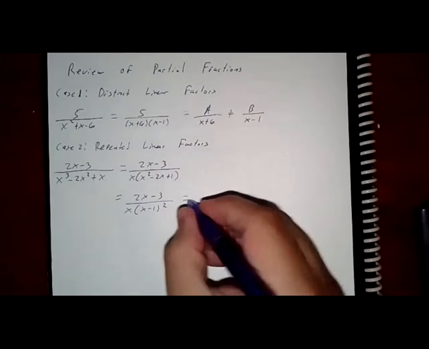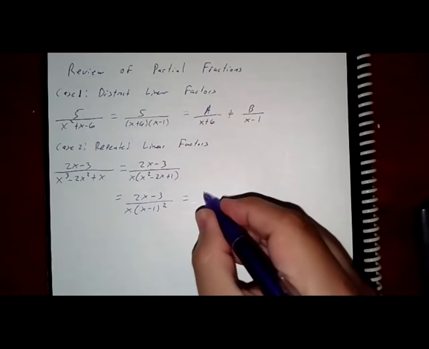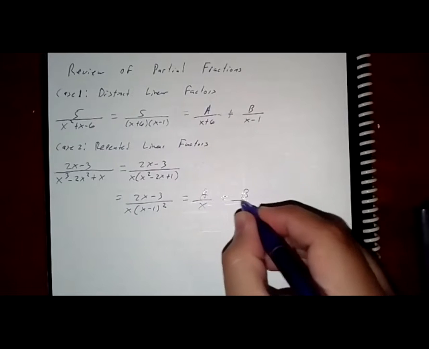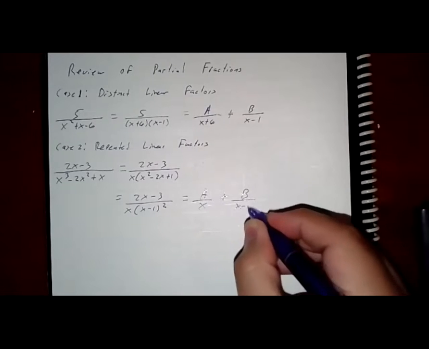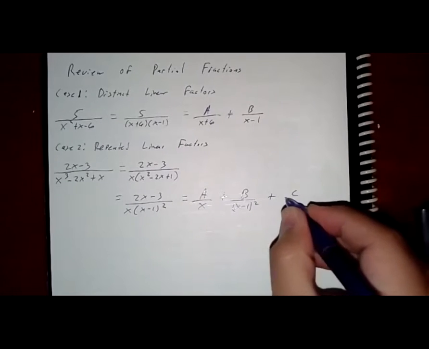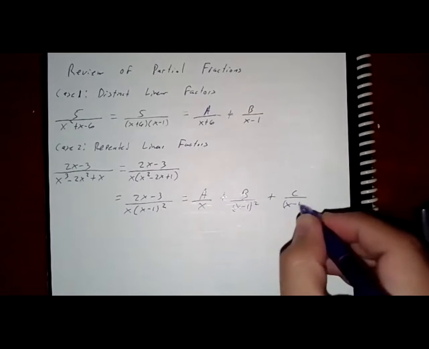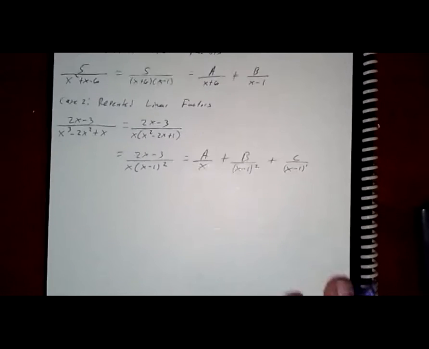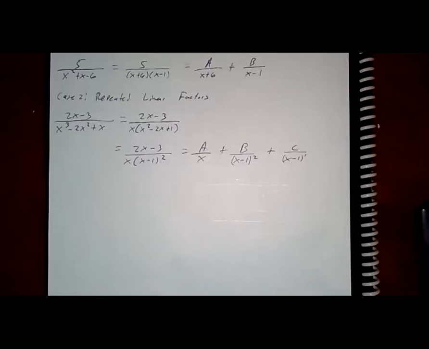It's a repeated type. So what you do is you do A over the x, because that's just a linear factor. And then you start with the highest power and you count all the way down to 1. If it was a 3, then I'd have 3 terms. You see what I mean? That's the setup for repeated type.